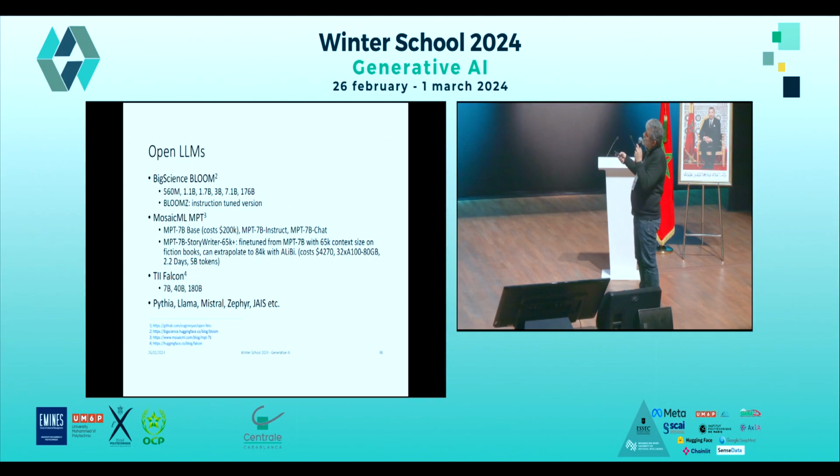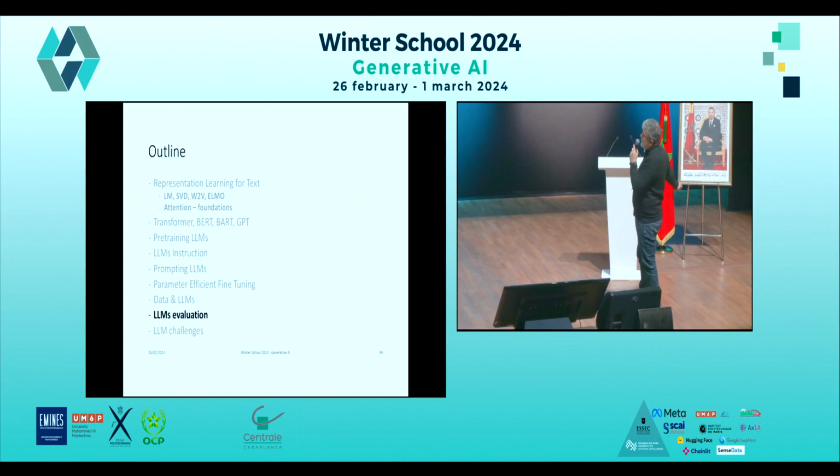The instruction tuned version as well is free. We have the Mosaic ML versions that are very interesting. We have the TII Falcon in different versions, and we have other models, including the recent JAIS model that Embizu AI is involved in and focuses on the Arabic language, which is a very interesting topic, especially in the context that we are today.